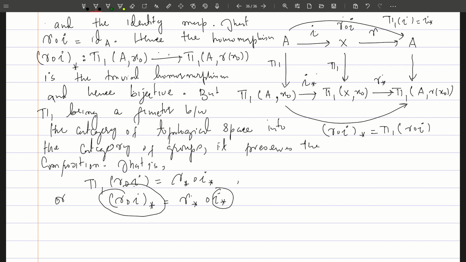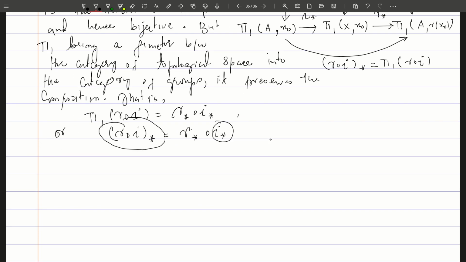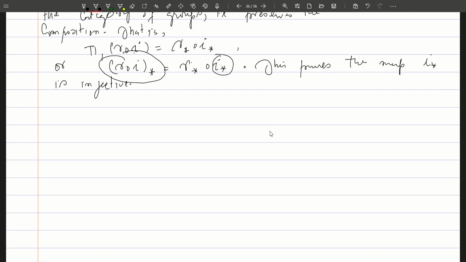This shows that the map I star is injective. So this proves the map I star is injective.